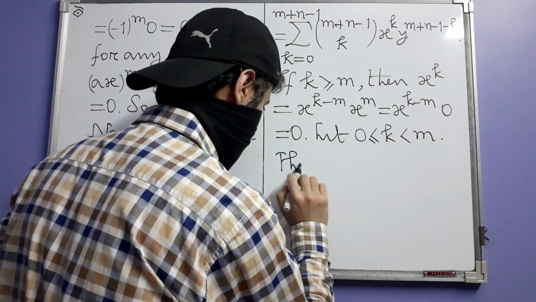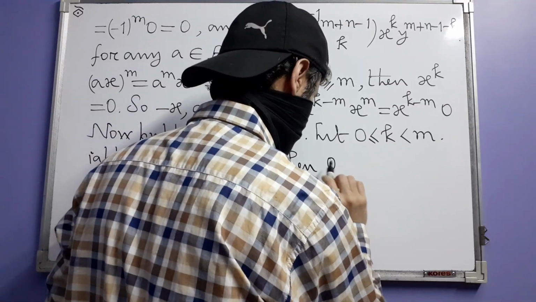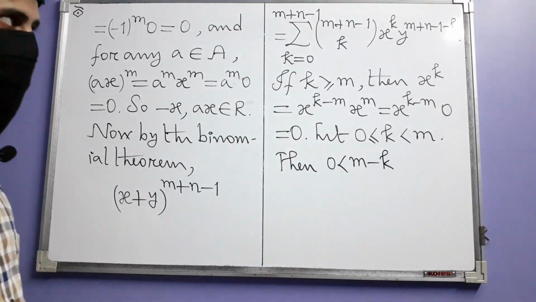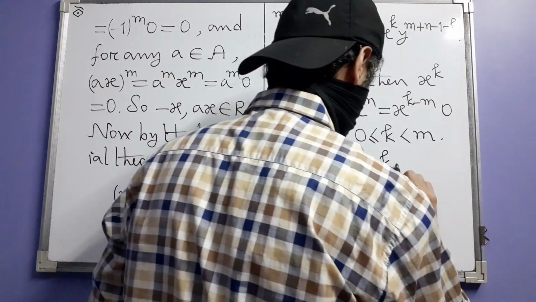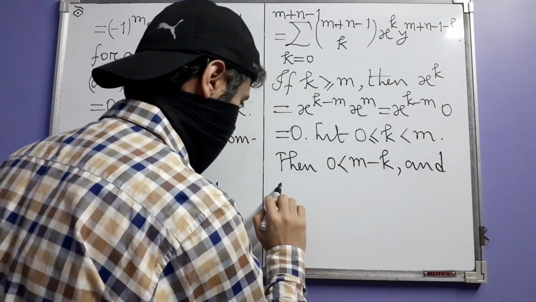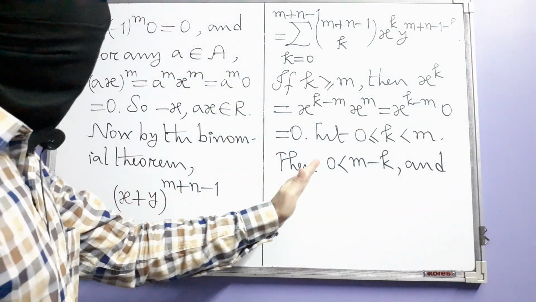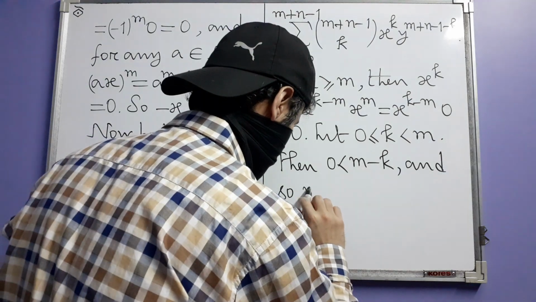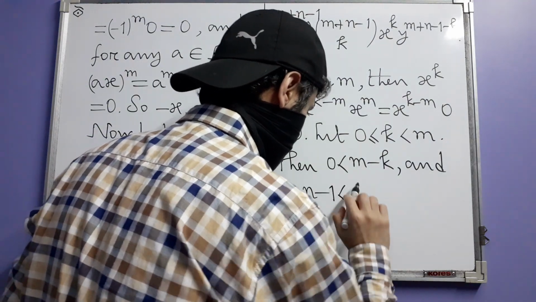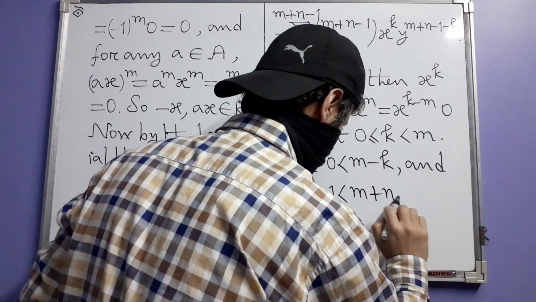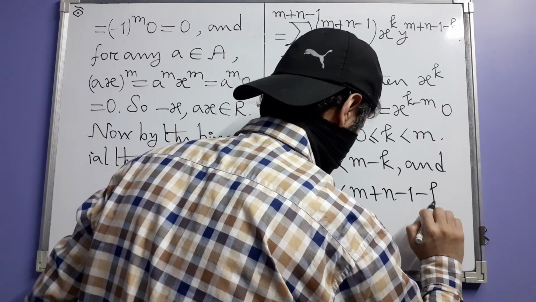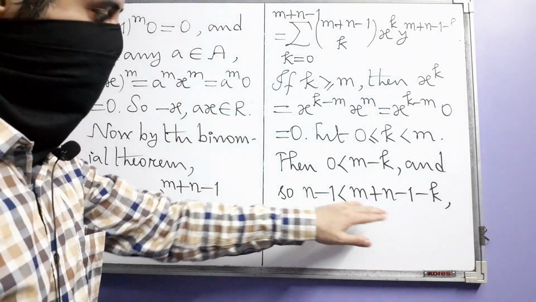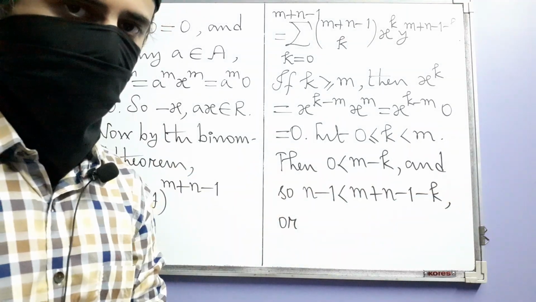Then m minus k is positive, and so if you add n minus 1 to both sides of this inequality, what will you get? n minus 1 is less than m plus n minus 1 minus k, or because we are dealing with integers, this is an integer and this is also an integer.